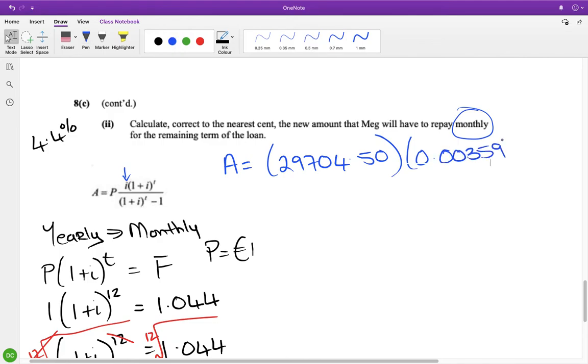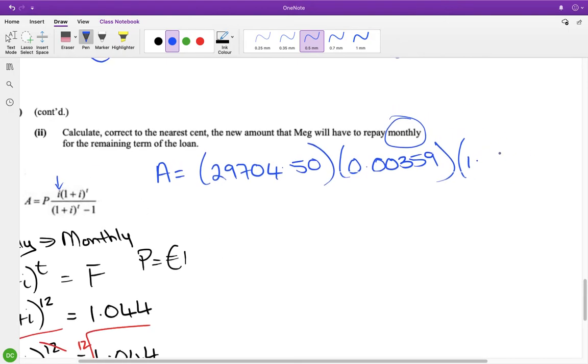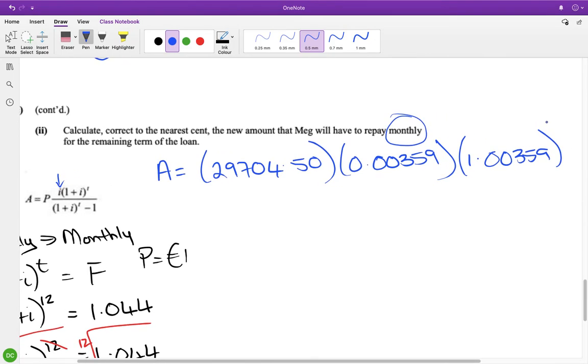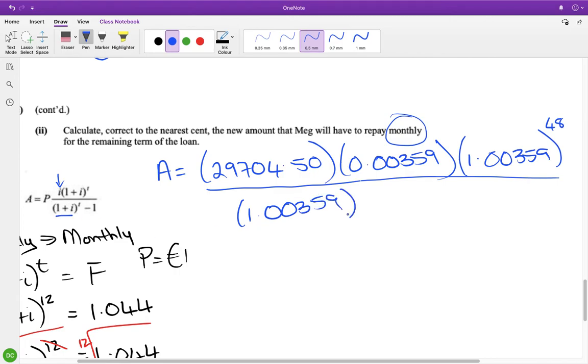Then the next bit is the 1 plus i, so it's 1.00359 to the power of, now what did we say was left? 4 years, so that's 48 months, and then that is over 1.00359 for this bit, again to the power of 48 and minus 1.